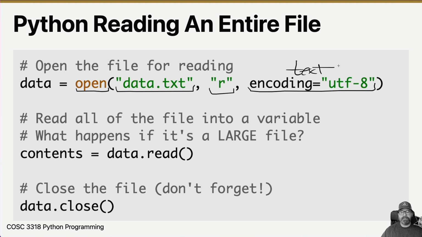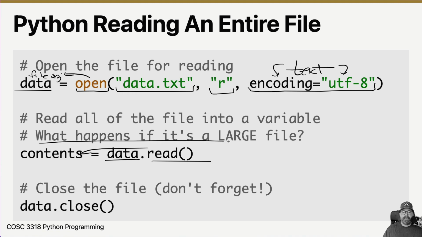So this is how we tell Python that we expect a text file. This returns a file object. So there's a file object stored in data. Then we can just call data.read, and that reads all of the file into a variable, contents, as a string.